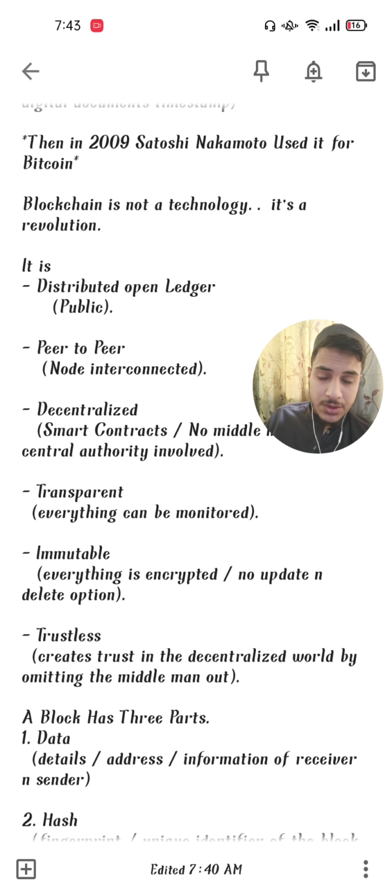It is completely transparent. You can monitor everything, I can monitor everything, the hash and the details of every transaction can be monitored. No one can change the ledger as it is transparent, right? It is immutable, meaning you cannot update or delete any block from this chain.